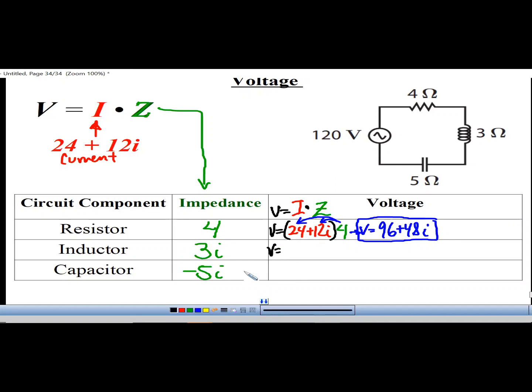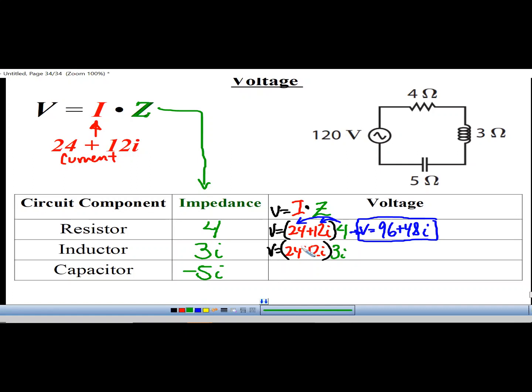Voltage equals, what is the current? The current is 24 plus 12I, the same current. We're going to multiply that times the impedance for the inductor, which is 3I.